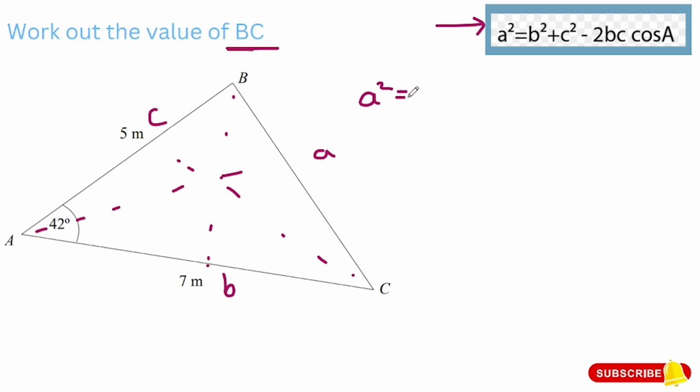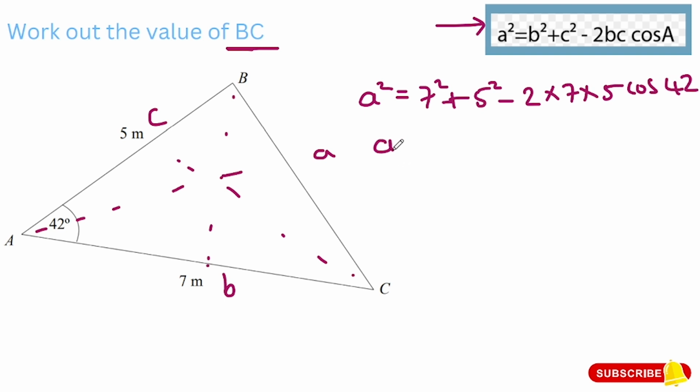So A squared is equal to B, so my B is 7 squared. My C is 5 squared. Take away 2, so 2 times B, which is 7, times C, which is 5, and then cos 42.